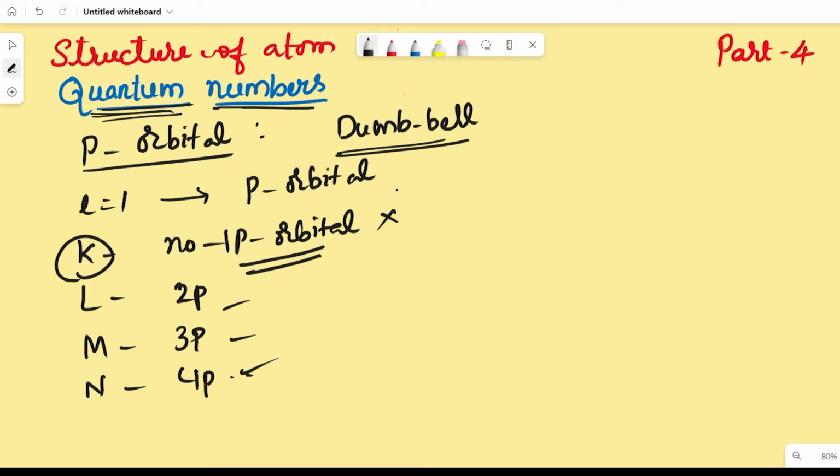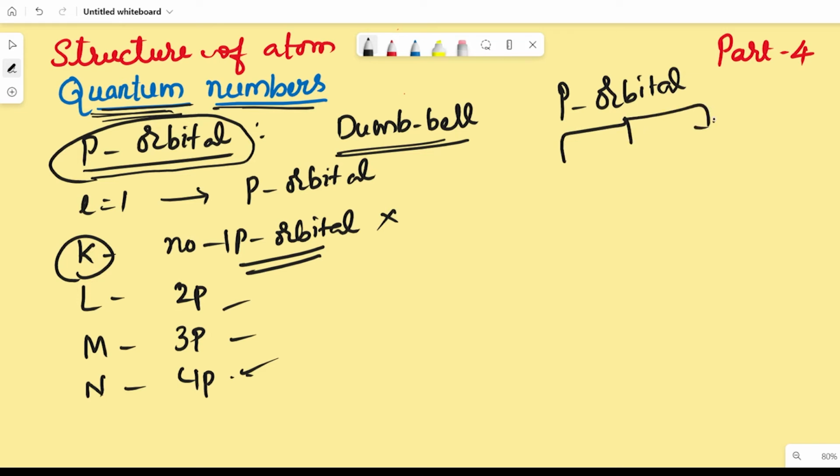The electrons present in the subshell will orient in different directions, right? So here the p orbital is oriented in 3 directions. So that is why this p orbital is again having 3 shapes. Is it clear? So px, the first orbital is called px, py, pz.